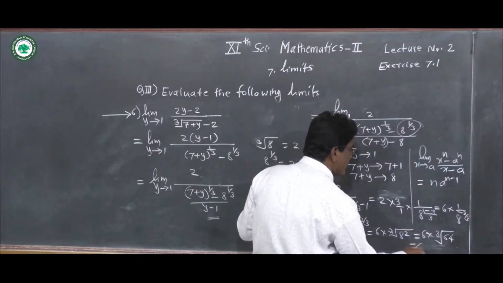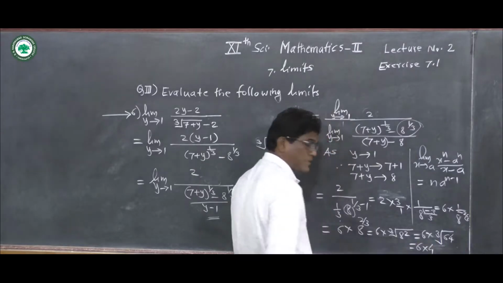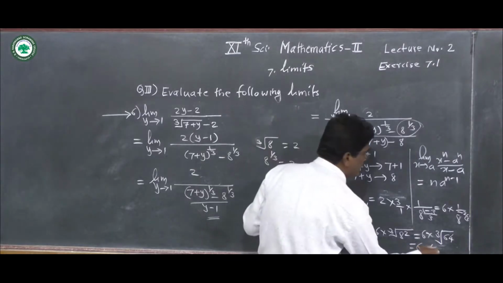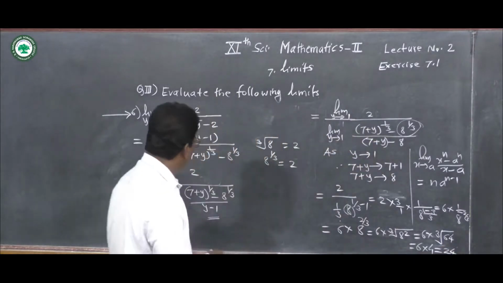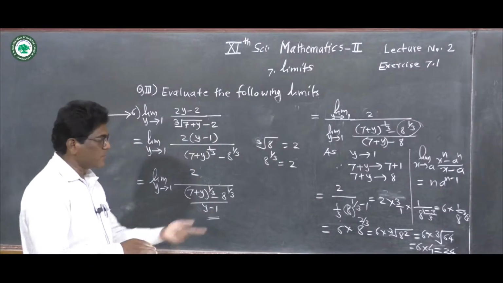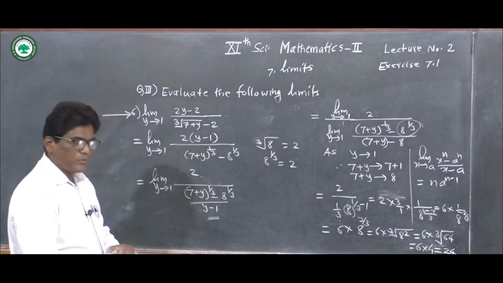So 6 into 4, and 6 fours are 24. So we have the solution of this sixth problem as 24.